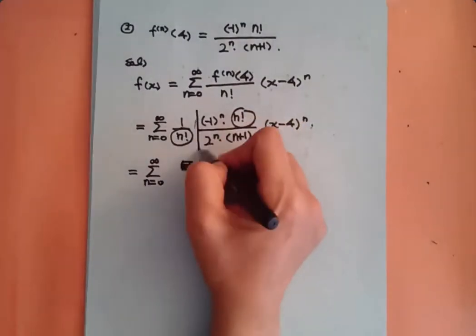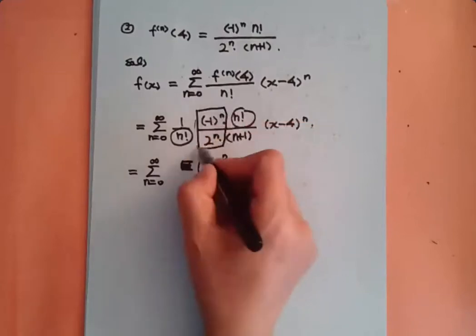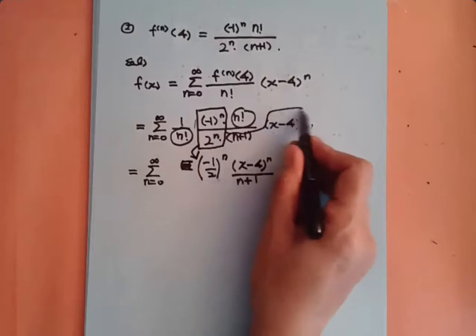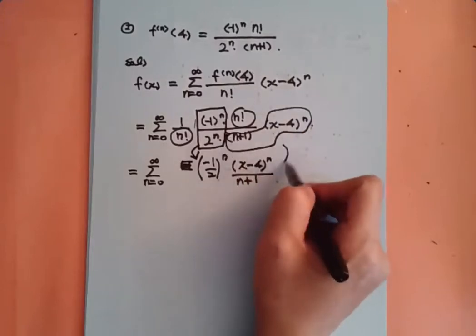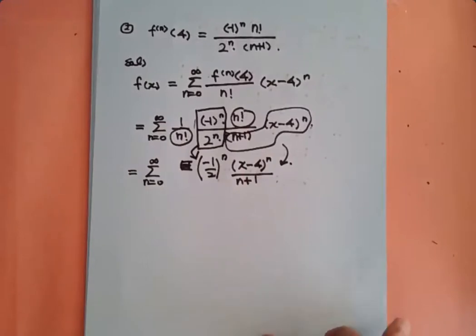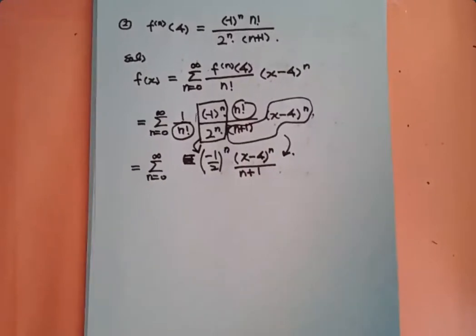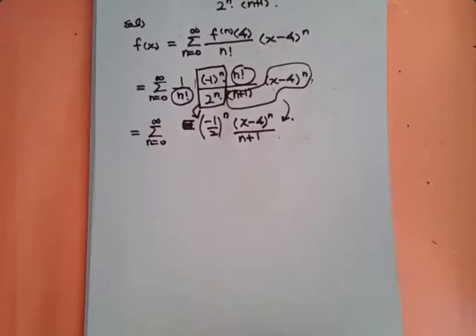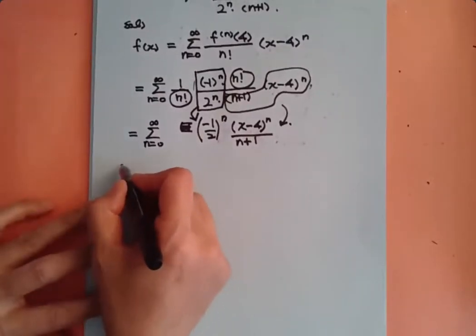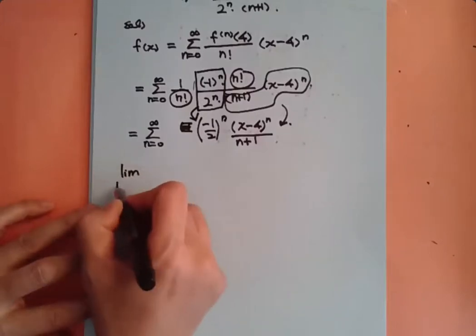So we combined these to get this part, and we combined these two to get this fraction. So again, we have to check the radius of convergence by using the ratio test.